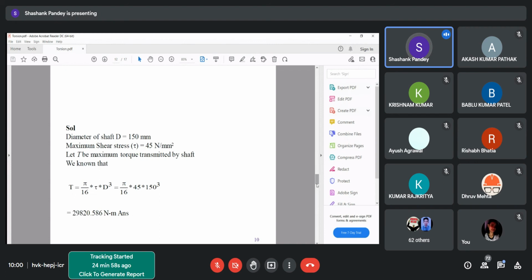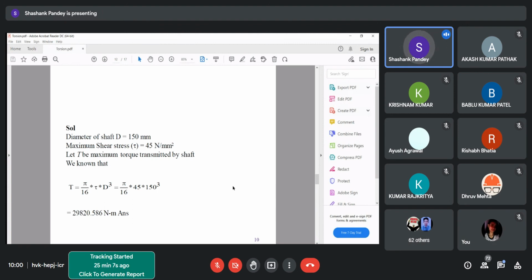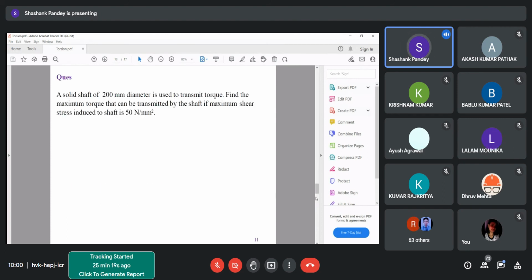I will show the solution. This will come out to be 29820. This is a straightforward formula, you have to simply substitute the values. This will come out to be 29820.586 Newton meter.